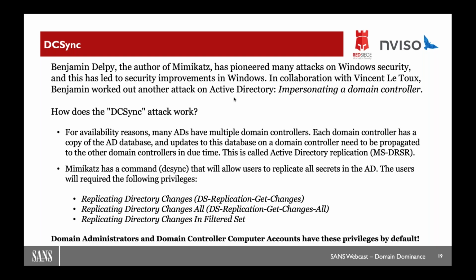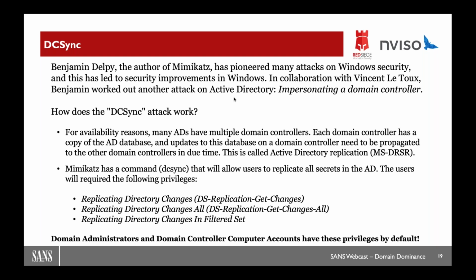So what's DCSync? DCSync uses domain replication. What is domain replication? In most enterprise environments, there's obviously more than one domain controller. Those domain controllers need to be in sync, because if I update my password on domain controller 1, I want it replicated across the entire fleet.